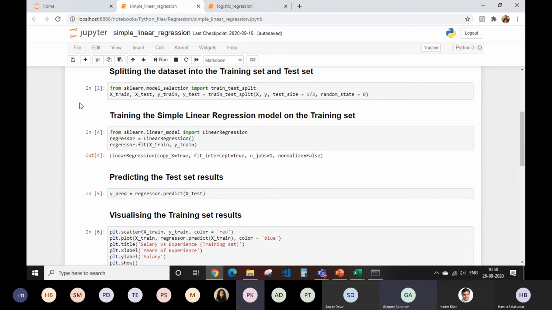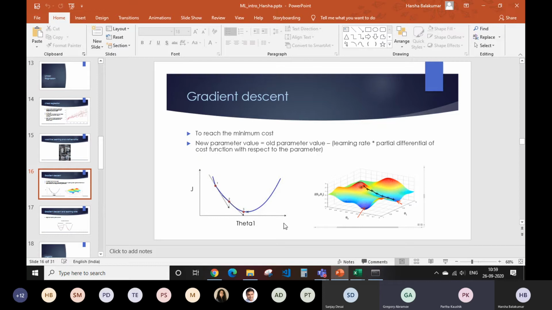Okay, let me just answer this question. The derivative is taken with respect to the change in theta, giving the slope of the cost function. If the slope decreases, that's the direction you have to move along. If the value of the differential is going up, then you're moving in the wrong direction for theta.